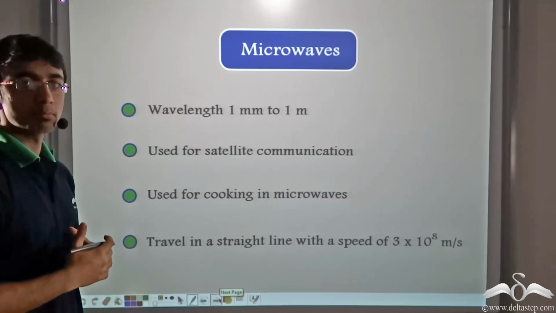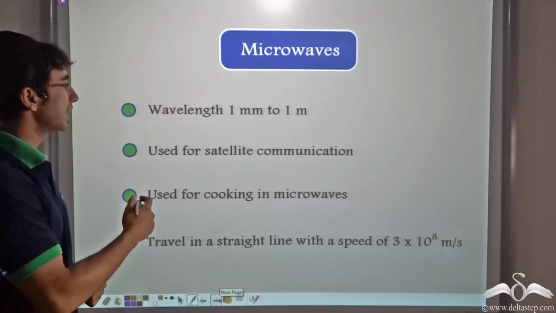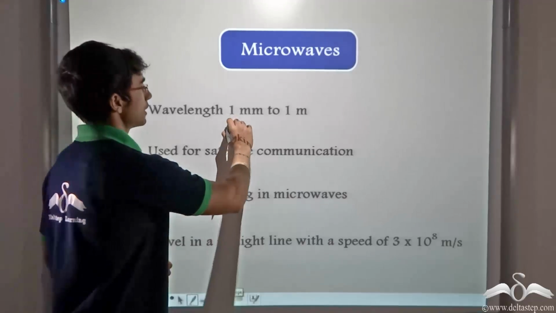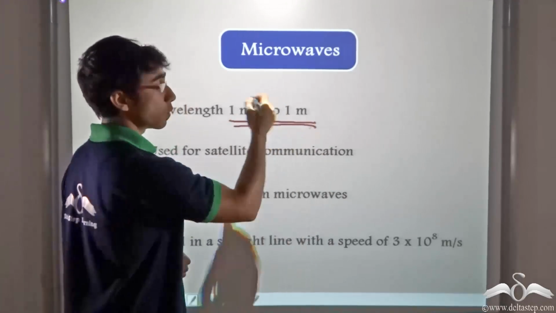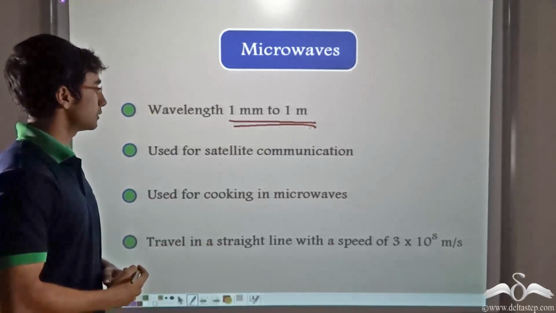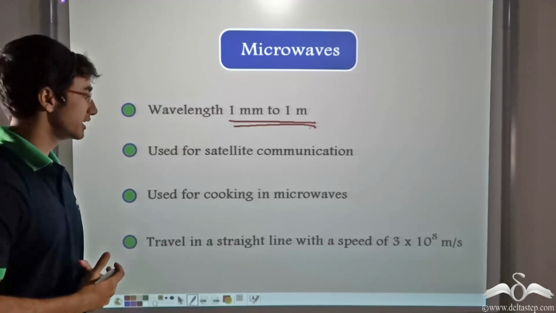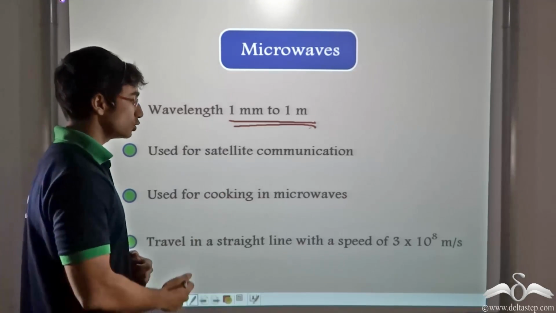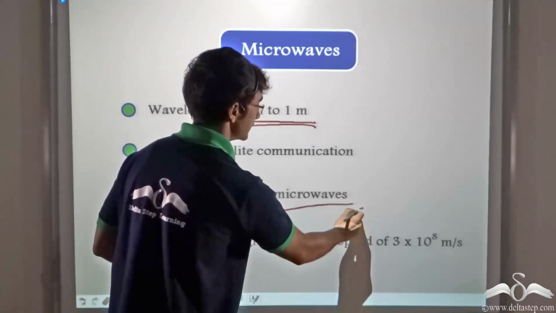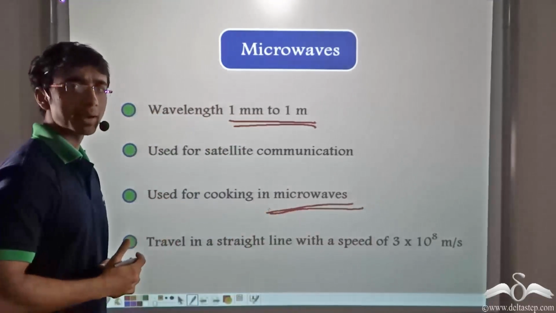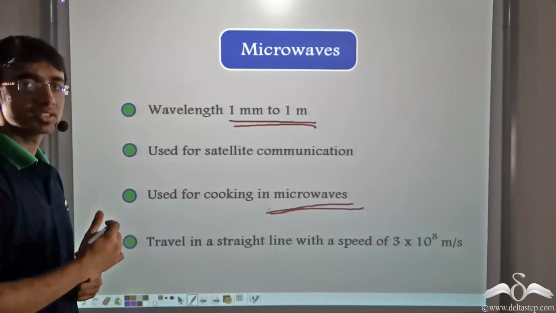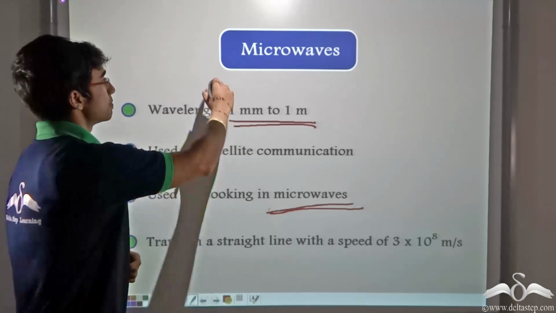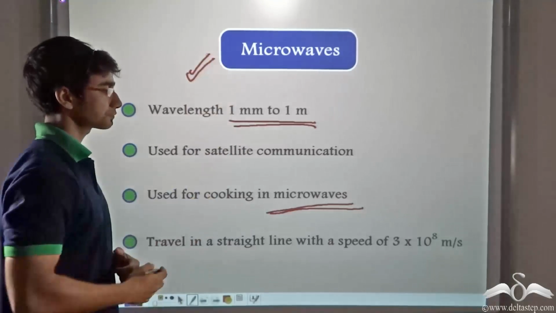Now we talk about microwaves. Microwaves have wavelengths that are quite large, that is from 1 millimeter to almost 1 meter. Now they are used mostly for satellite communication, and you will be interested to learn that they are also used for cooking in microwaves. You must be having a microwave at your home, right? Which your mother uses to cook. That microwave machine uses microwaves for cooking.